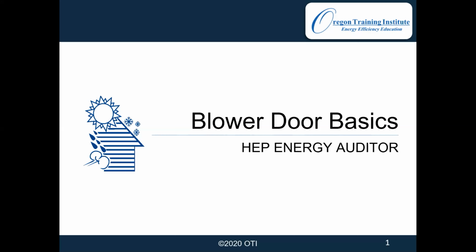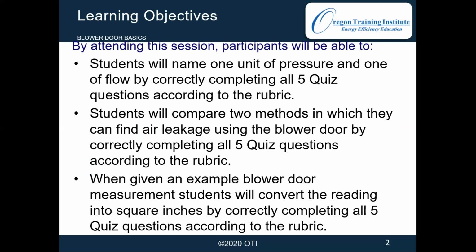We're going to be covering the units of pressure and flow and how those relate to our diagnostic tests, such as blower door, and some of the finer details in setting up the blower door, making sure the house is ready for the test so we can get an accurate test and a reproducible test.